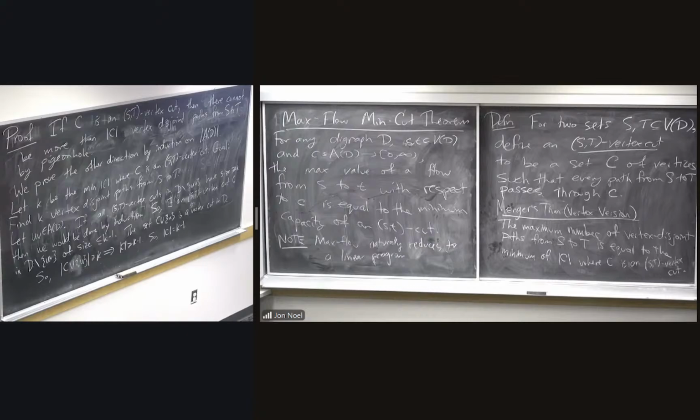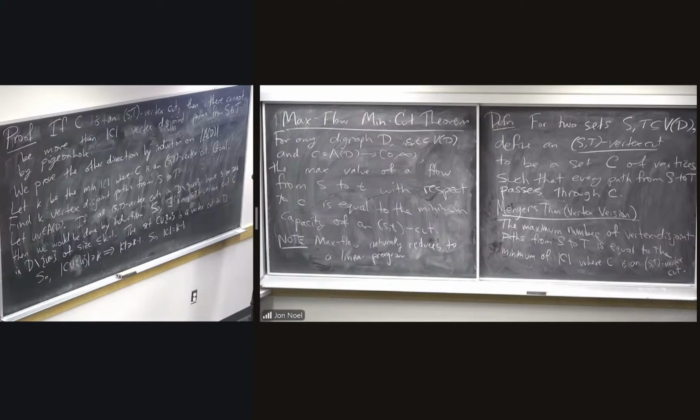I guess you could start with your minimum ST vertex cut in the original thing and take away an edge, but at that point you know that there's an ST vertex cut in the new digraph that's smaller, but it may not have anything to do with the first one you found.